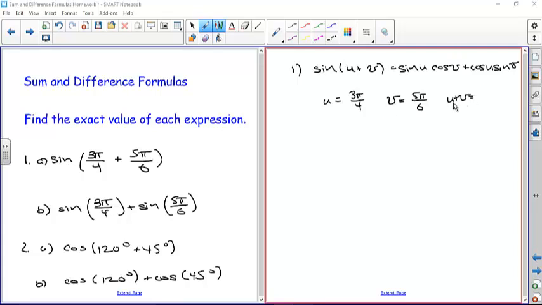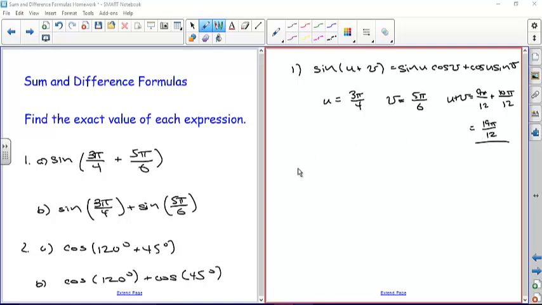If you add these two together, you'd have to find a common denominator of 12. So 3/4 is 9 pi over 12, and then you'd have 10 pi over 12, which gives you 19 pi over 12. It is between 0 and 2 pi, because 2 pi would be 24 pi over 12.